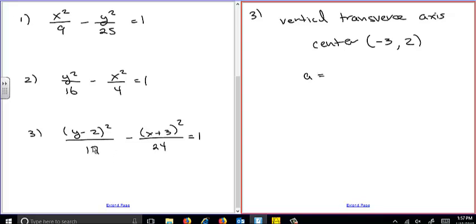So a is associated with the y term. So 17 is a squared, so a is equal to the square root of 17, and b is equal to the square root of 24, and we'll just convert those to decimals. So a, square root of 17, is 4.1, and b, square root of 24, is 4.9.